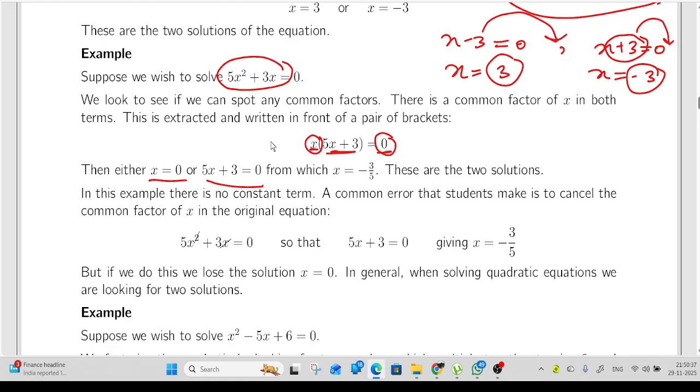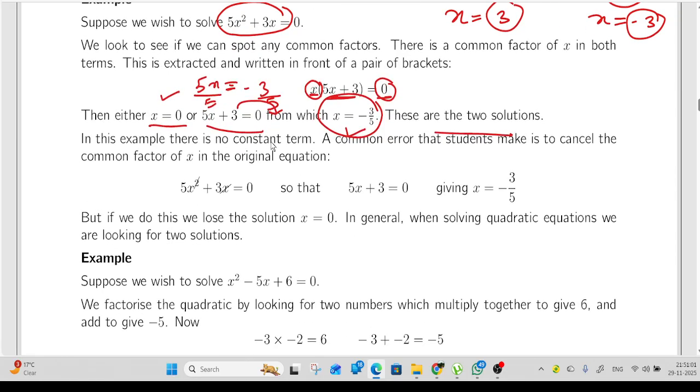From here, you can write 5x is equal to negative 3, right? If you take this positive 3 to the other side of the equal sign, you get negative 3. Then you divide both sides by 5 and you get x is equal to negative 3 over 5, right? So these are the two solutions, x is equal to 0 and this.